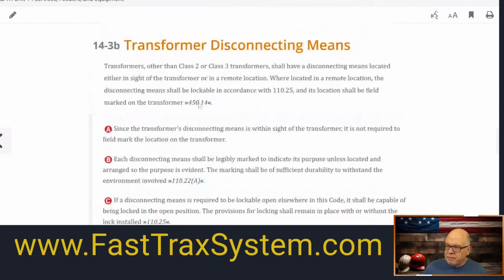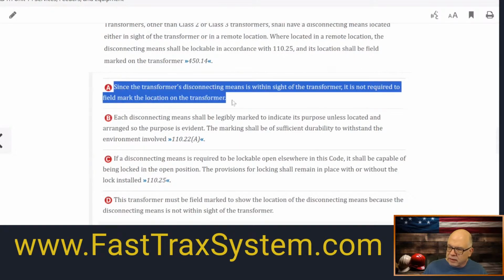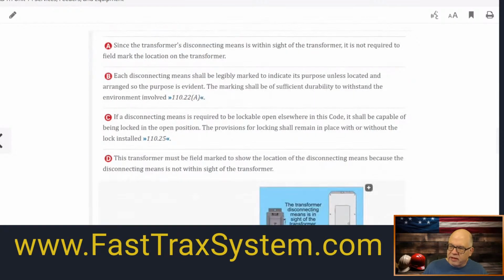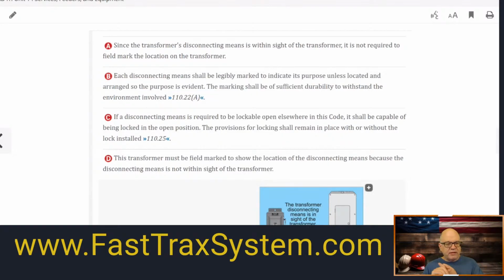Now, what do we mean by marking, and it needs to be field marked? Well, now we agree that we have to have the disconnect. Okay. And it says each disconnecting means shall be legibly marked to indicate its purpose unless located and arranged so the purpose is evident. So what that means is every disconnect, now in 110.22(A), says that if I have this disconnect, I need to know where it goes to.